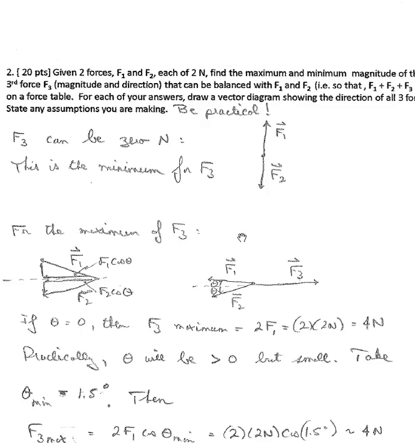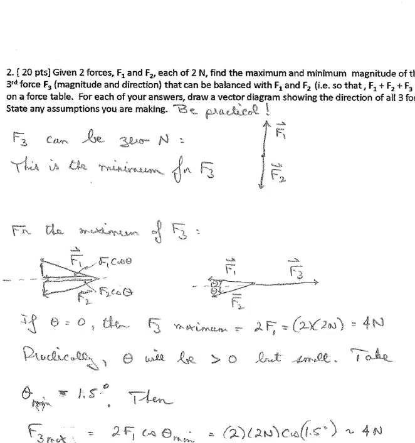Okay, to find the maximum value of F3, we can visualize F3 being diametrically opposed to F1 and F2, put as close together as possible. And so my solution incorporated using two separate clamps and two pulleys, one for F1 and one for F2. And in that case, you can't, practically speaking, set theta equal to 0.